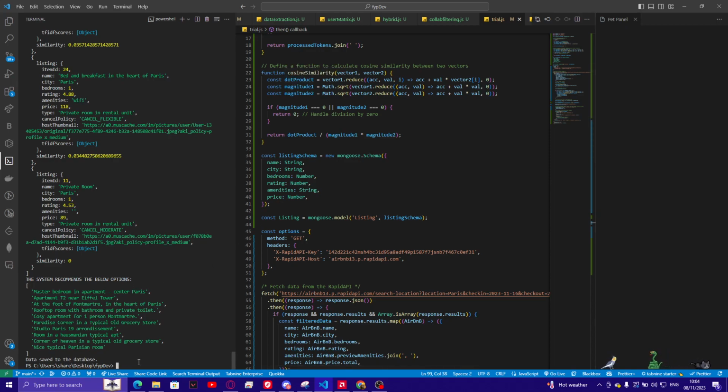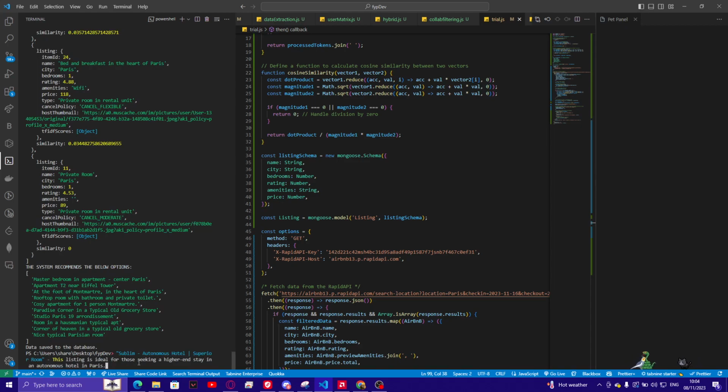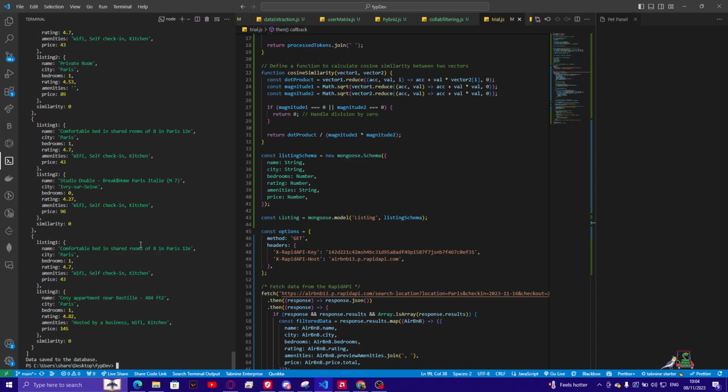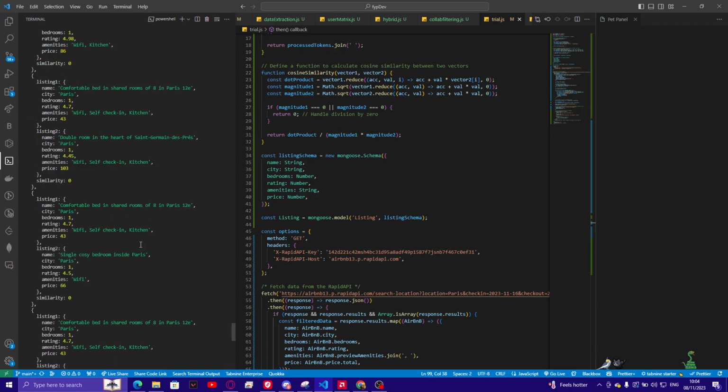So if I run it, node trial.js. If I run it, it's supposed to print out the listings from the filtered API data, and also give us the recommendations.